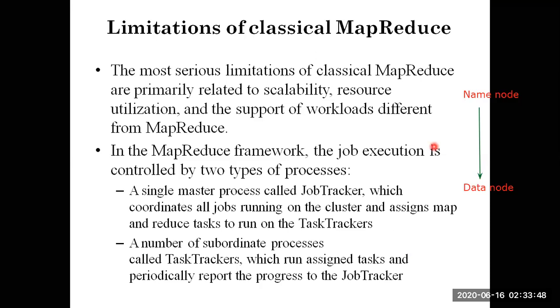The major limitations are scalability, second resource utilization, and third workload balancing, support of workloads. To overcome these things, the next higher version of MapReduce is released, called MapReduce 2, and the other name for it is MapReduce with YARN.